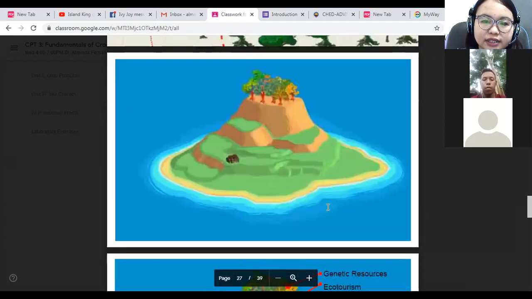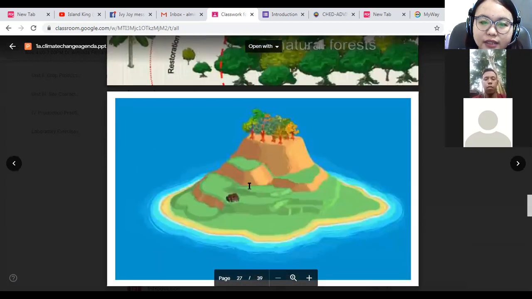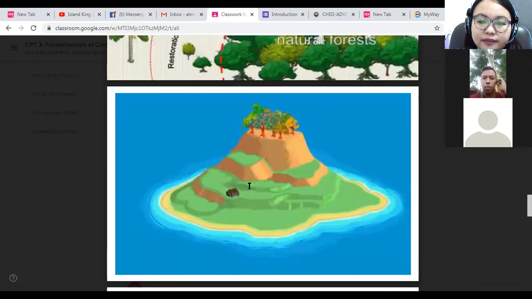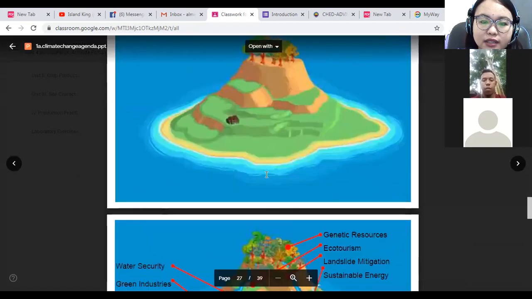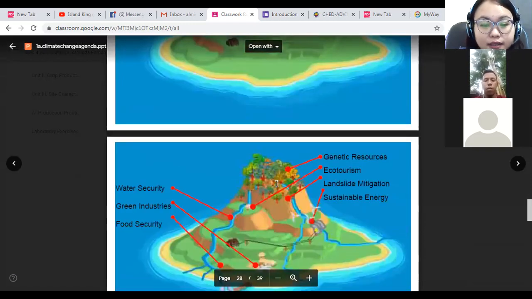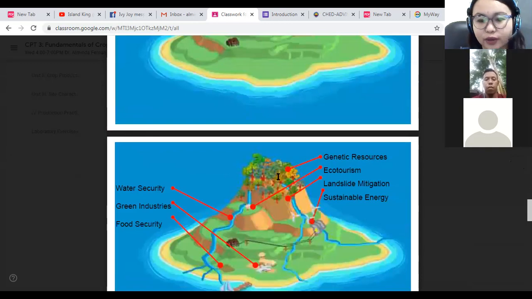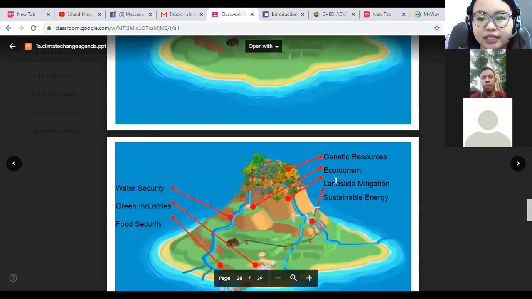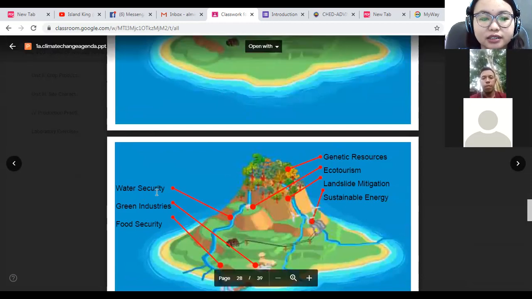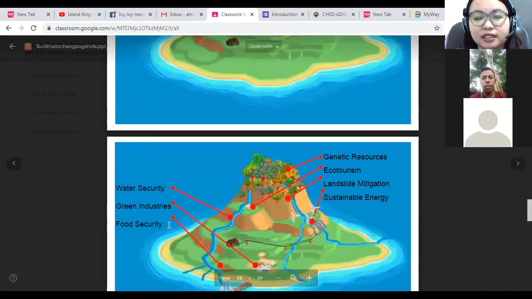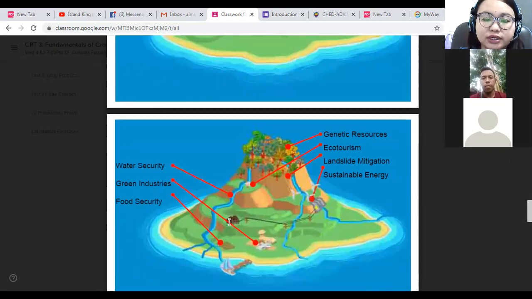As you can see here, it's an empty mountain. The land cover, which is forest, is the source of genetic resources, ecotourism, landslide mitigation, sustainable energy, water security, green industries, and overall food security.